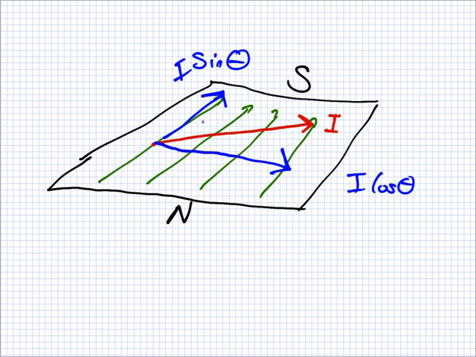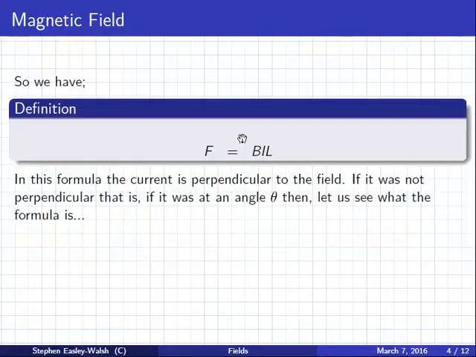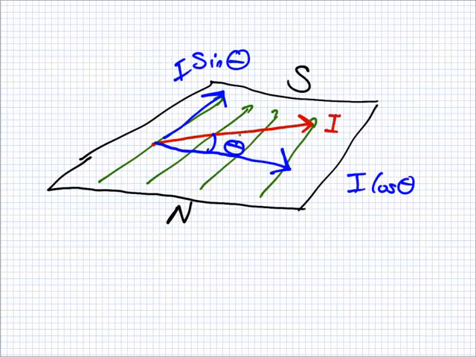If, of course, the theta is here... abort! I have the theta the wrong way. I'm sorry, we usually measure the theta from here. So that's going to change this to a cos and the other one to a sine.